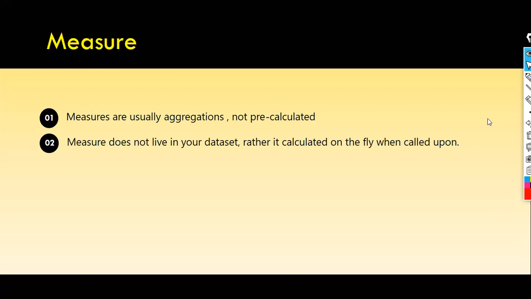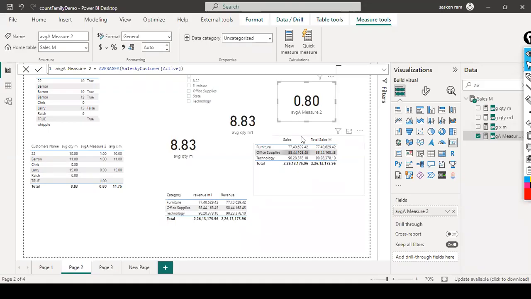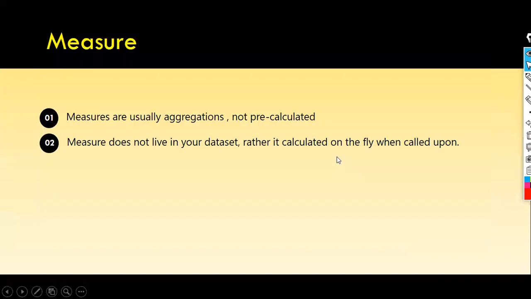The moment you drag and drop it, it all happens in terms of milliseconds or seconds. But it is CPU intensive. It has to do a lot of calculation, especially if the volume of data is very high and the business logic is a bit complex. Since it is calculating on the fly, you don't have to store it in your data set.